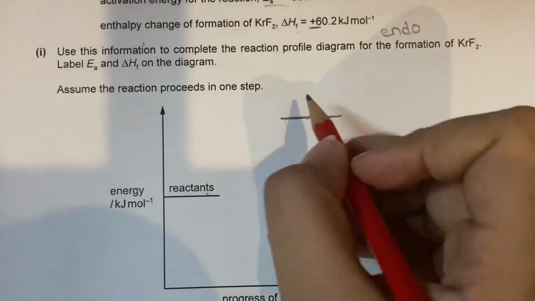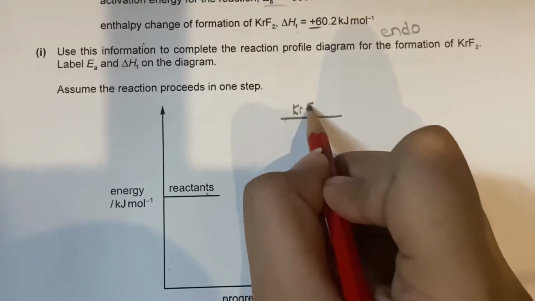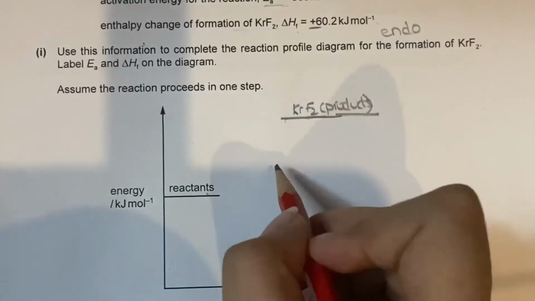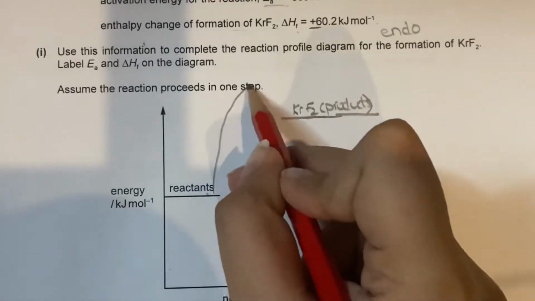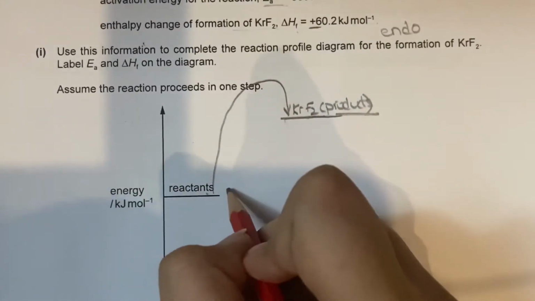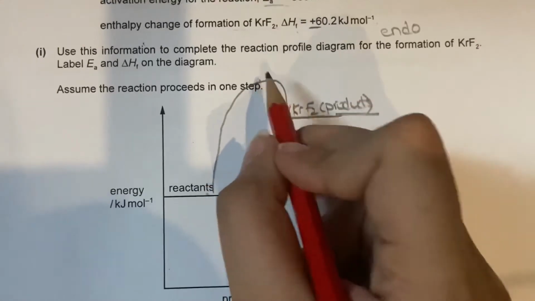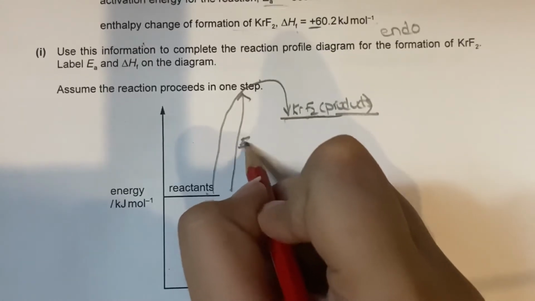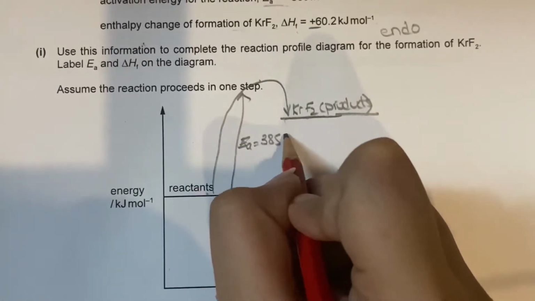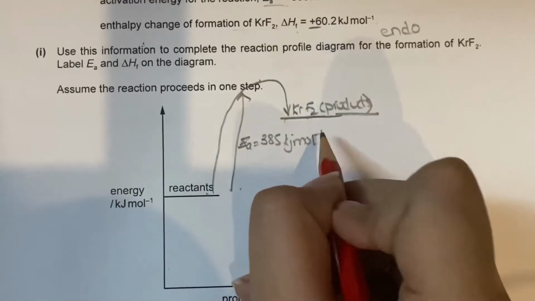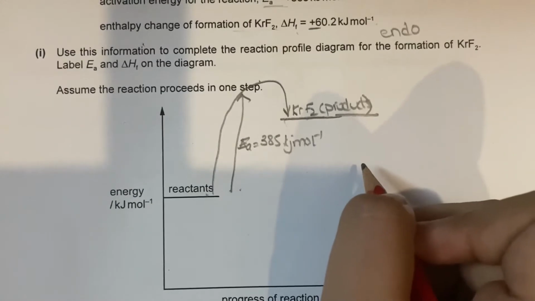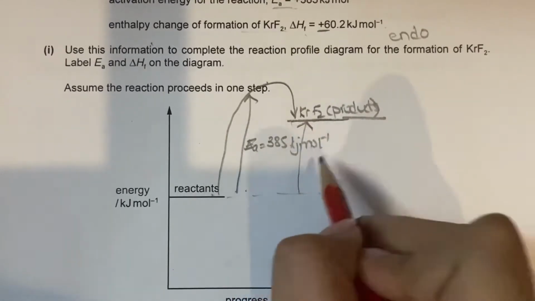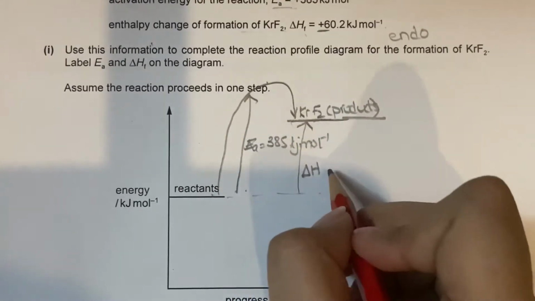So the products will be over here, and the product is KrF2, and we'll draw an arrow from here to here, and from reactants to the highest point, it is the activation energy, which is 385 kilojoule per mole, and the enthalpy change is this. Enthalpy change is this.